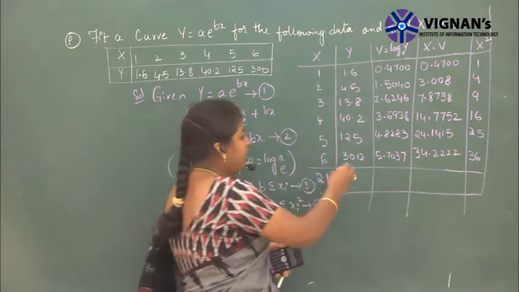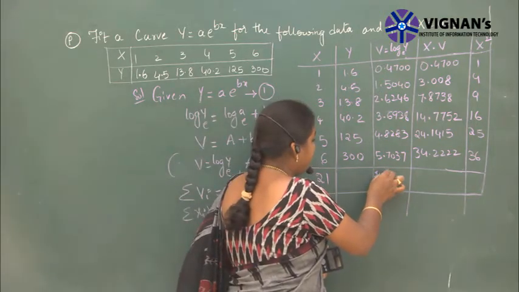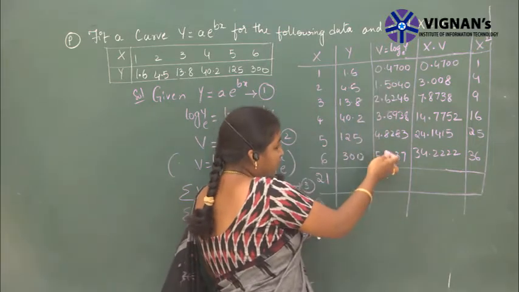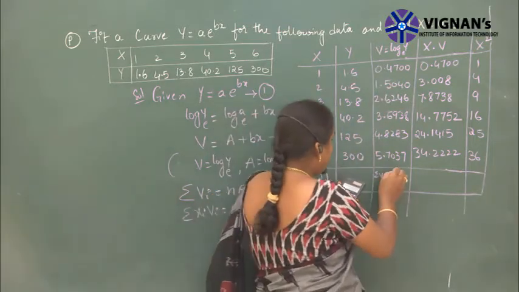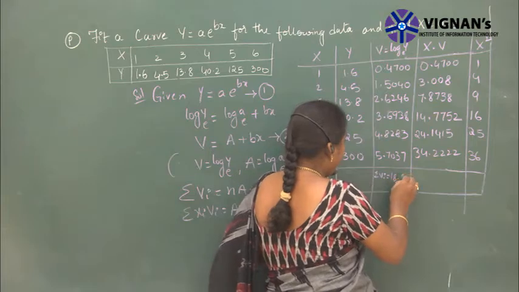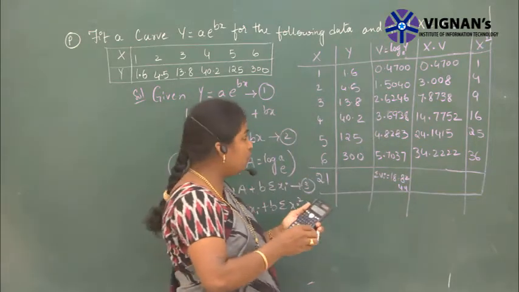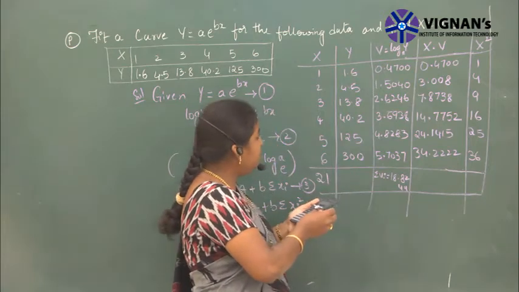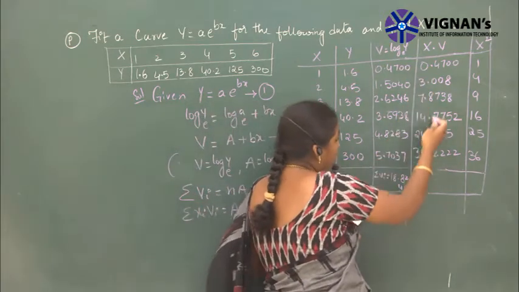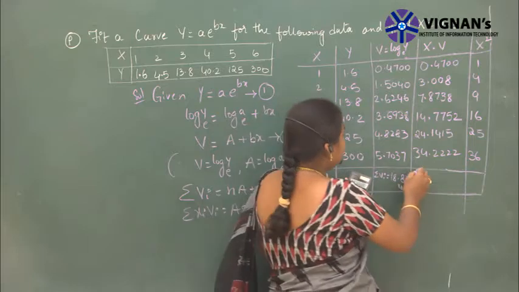So next I am finding summation Vi values. We are summing all these values, we get 18.8244. Next, X into V, that means you are summing all these values.